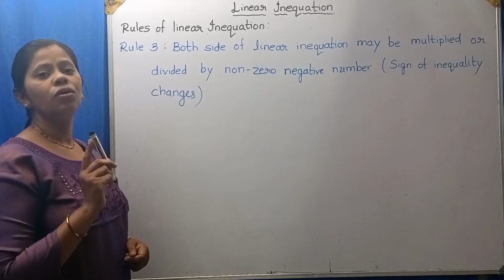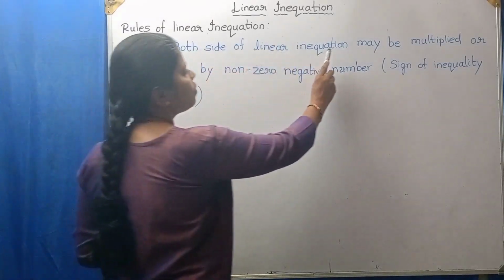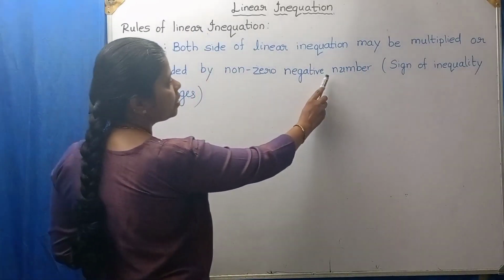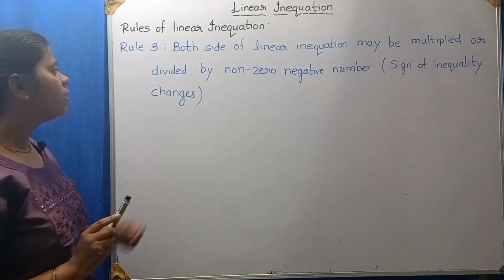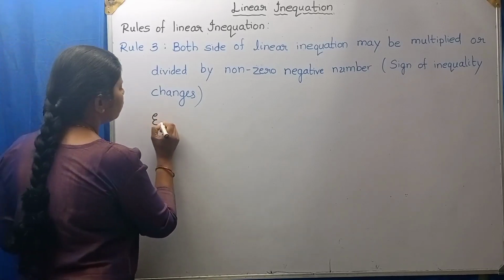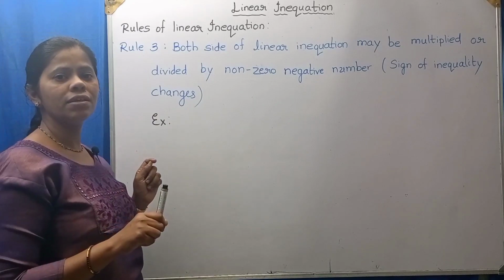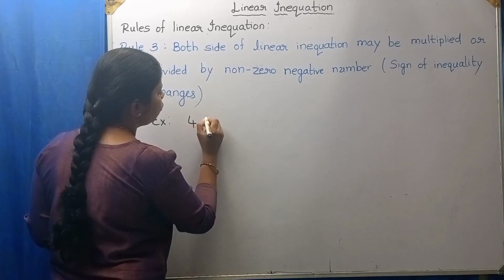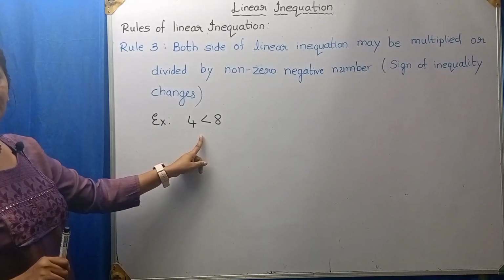Okay. Rule 3: Both sides of linear inequation may be multiplied or divided by a non-zero negative number. The sign of inequality changes. Let me explain this by using an example. Let me take the same example that I took in rule 2. 4 is lesser than 8. Right.